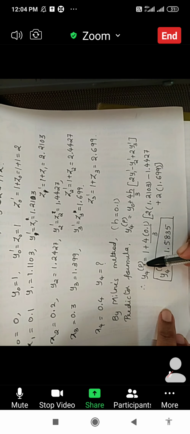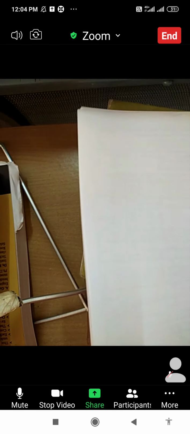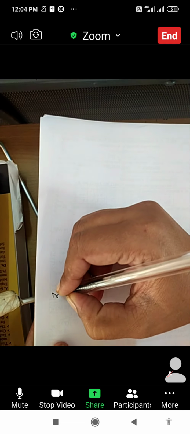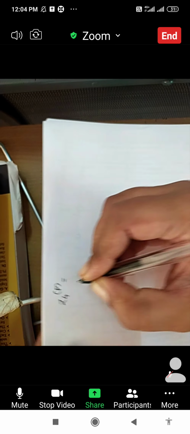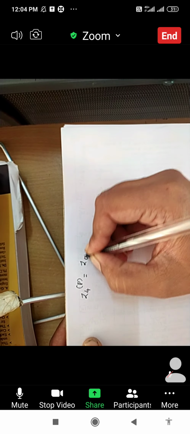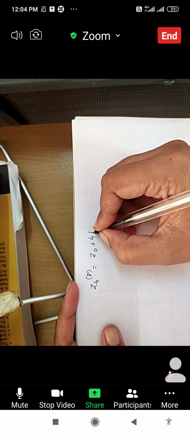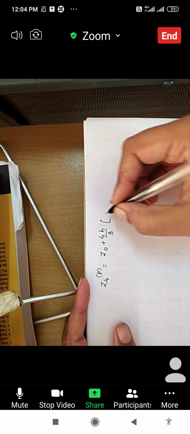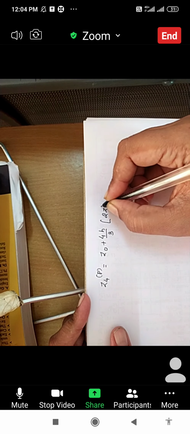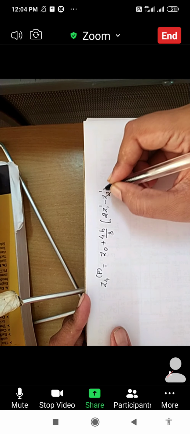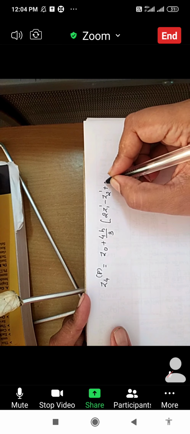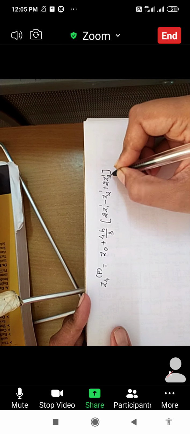After y4p, we have to calculate z4. The formula for z4 is again the same, similar to y4. So z4p is z0 plus 4h by 3 times 2 z1 dash minus z2 dash plus 2 z3 dash.